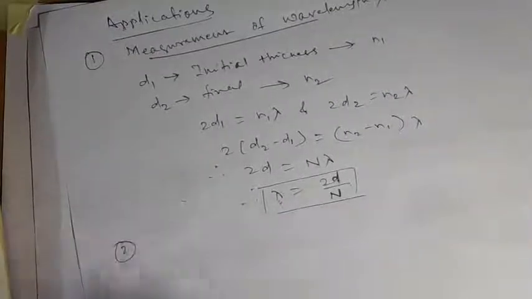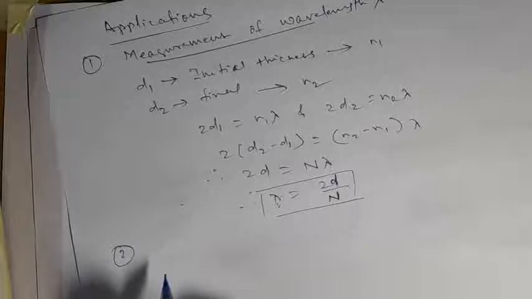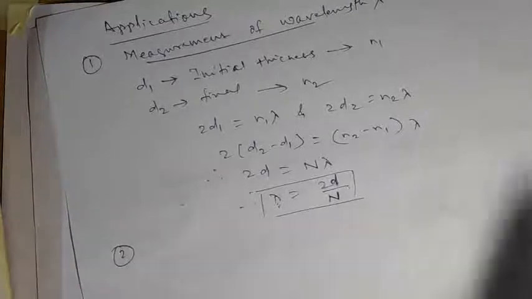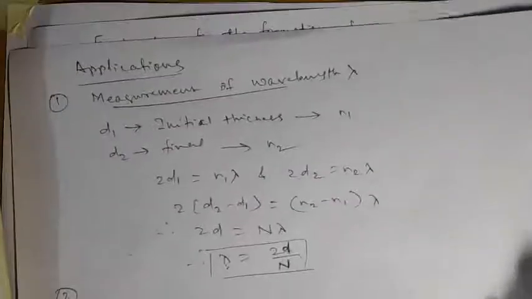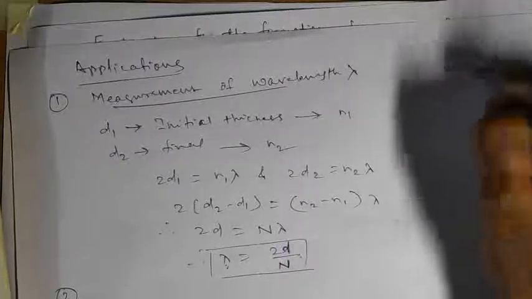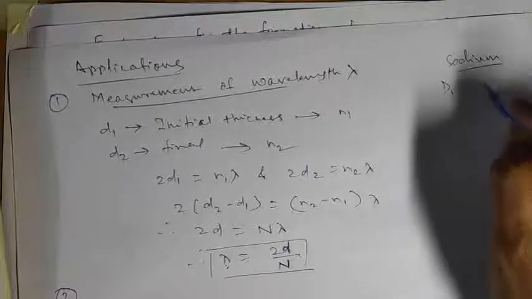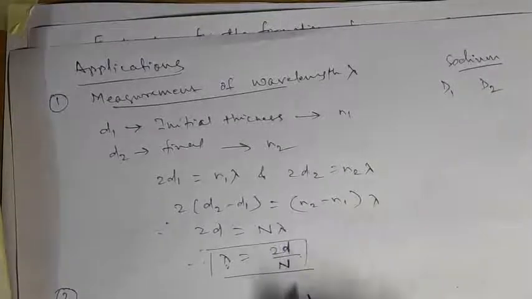The second application of Michelson interferometer is that we can measure a small difference between two close wavelengths. For example, if you use sodium light, in sodium light there are two lines which are called D1 and D2.